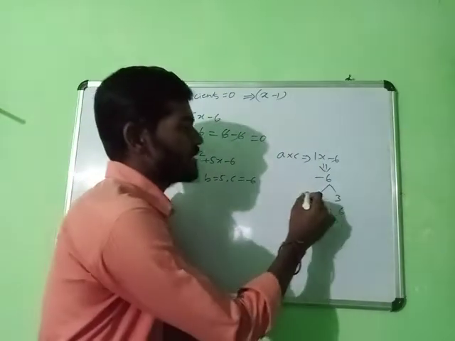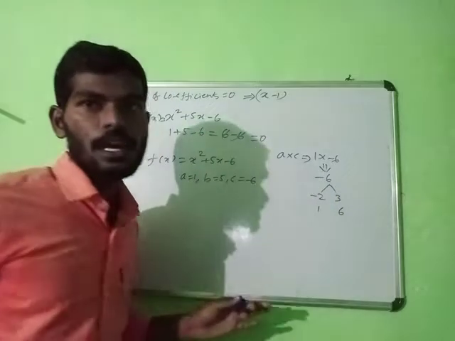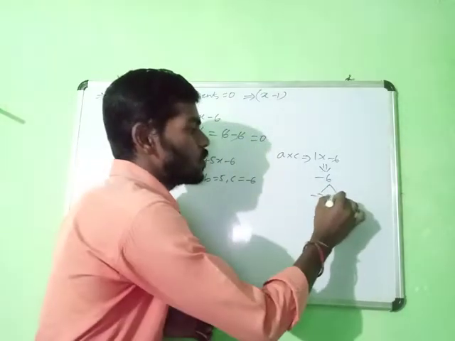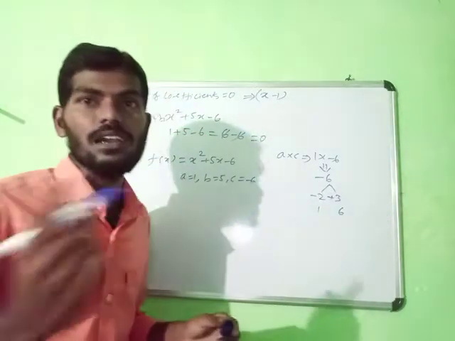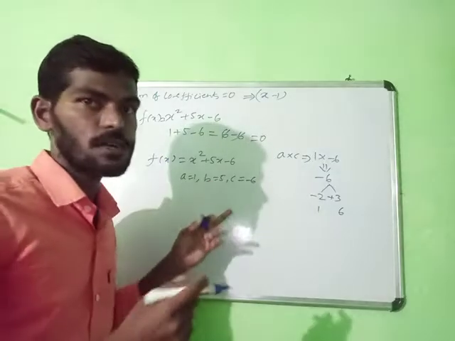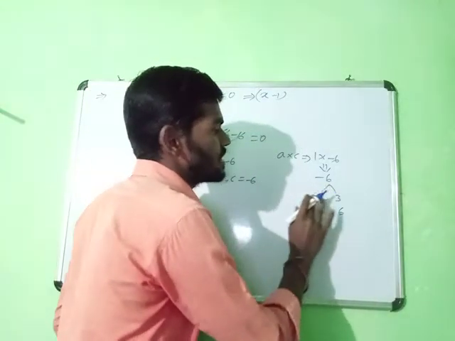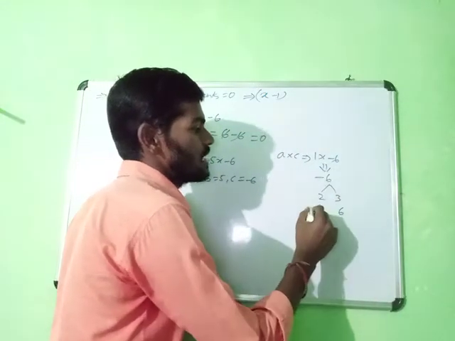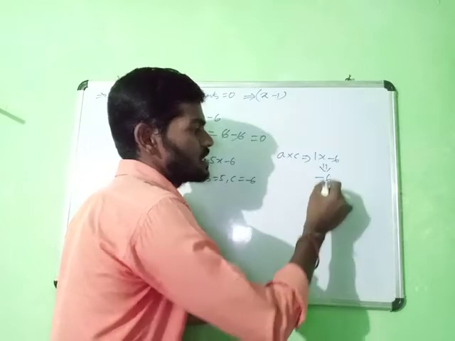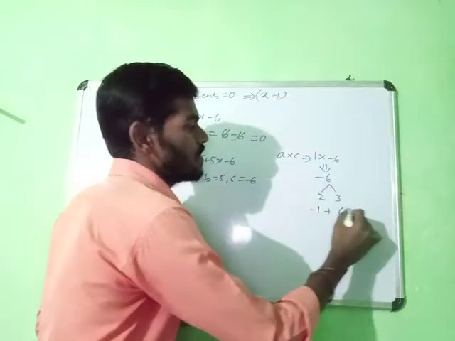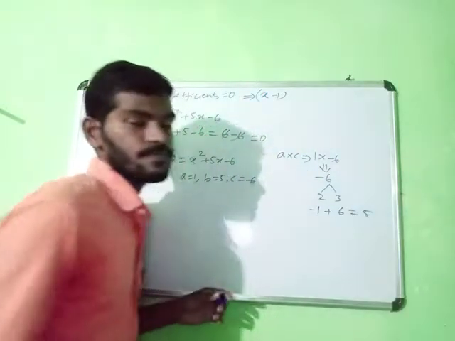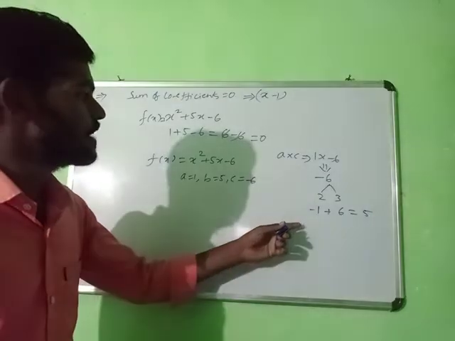Take 2 and minus 3: addition gives minus 1, so wrong. Next take 1 and 6, so here minus 1 into 6 is minus 6. Now minus 1 plus 6 gives 5.